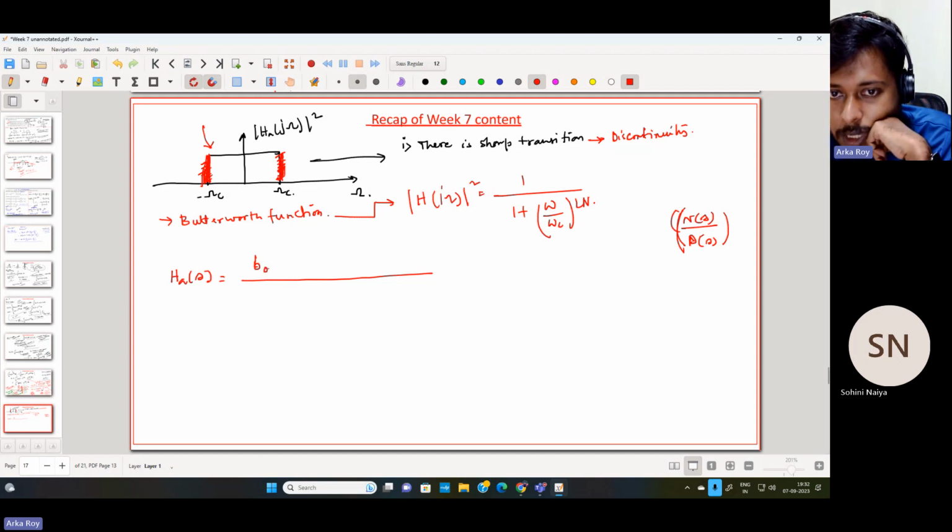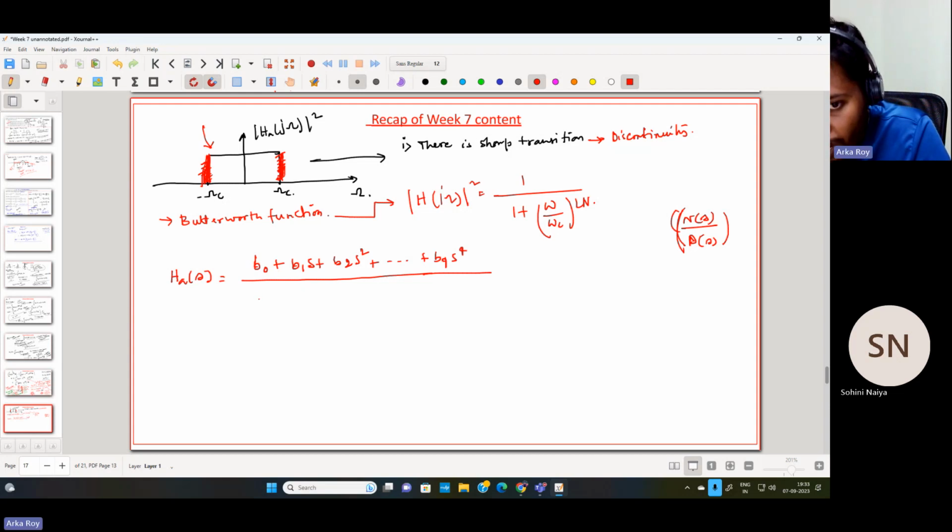Let us consider we have b0, b1 s, b2 s squared, and then bq s to the power q, and over here we have a0, a1 s, a2 s squared, and ap s to the power p.